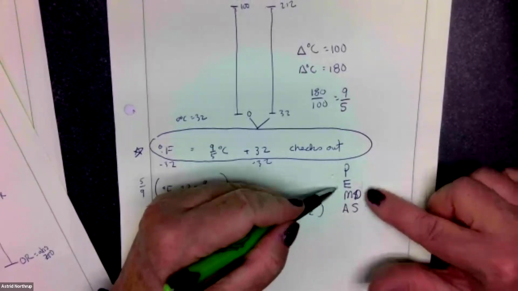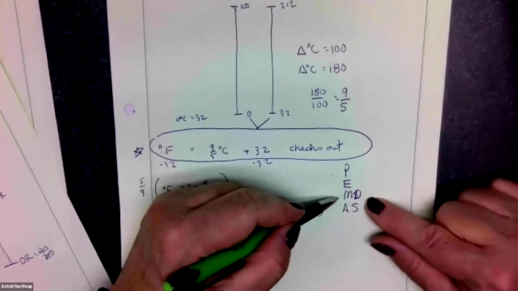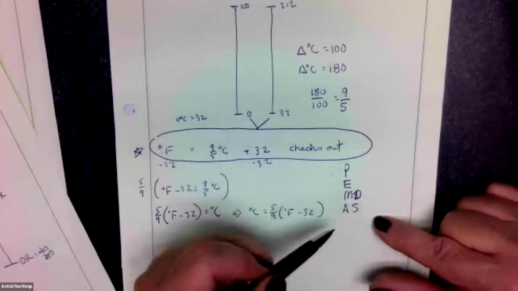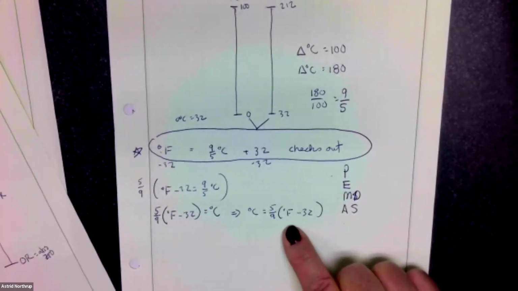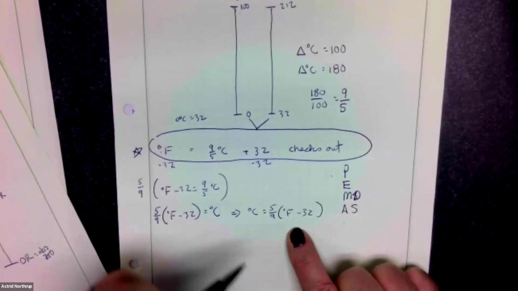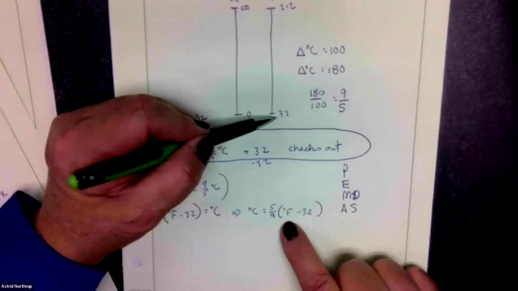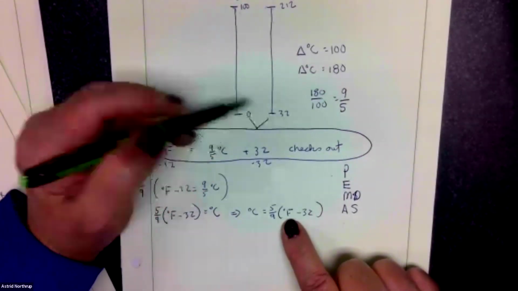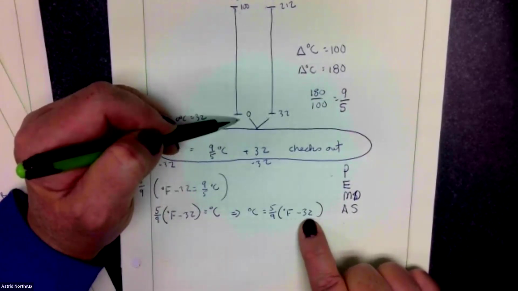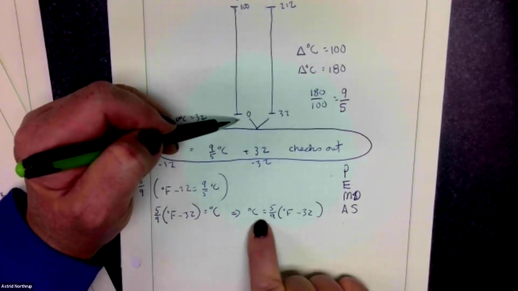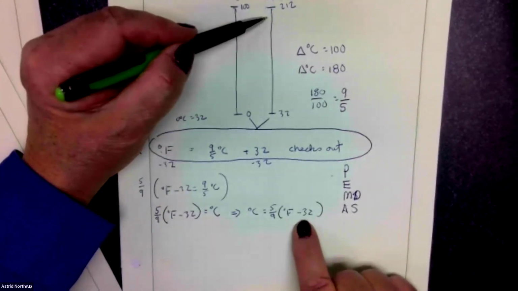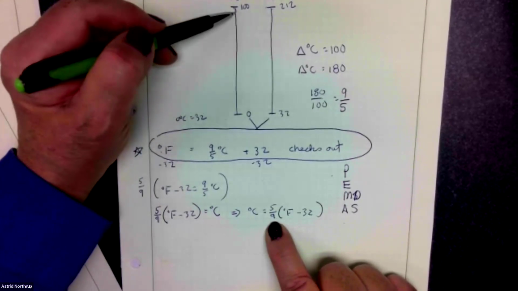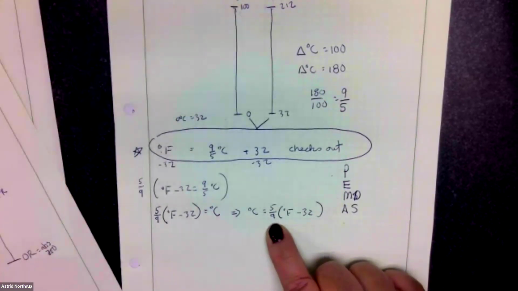Meaning you do parentheses first, then exponents, then multiplication and division in order from left to right, and then addition and subtraction in order from left to right. So you do what's in the parentheses first. And if you check those two numbers, let's do that. If I want to go to 0, 32 degrees Fahrenheit minus 32 is 0. 0 times 5/9 is 0, so that point checks out. Up here, 212 minus 32 is 180. 180 times 5/9 is 100, checks out.